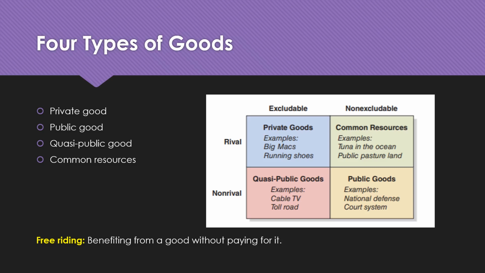So if I don't pay the price for a Big Mac or running shoes or a cell phone, so let's say cell phone. If I don't pay the price that Samsung or Apple or LG or whoever's producing phones these days, I'm not going to get it. So it's excludable.